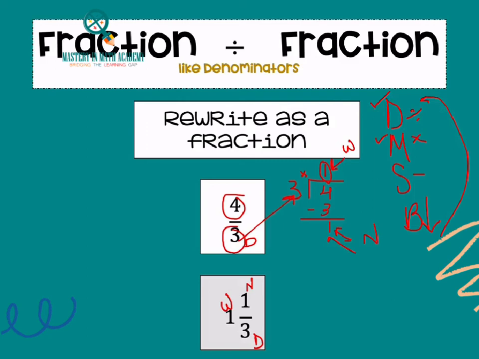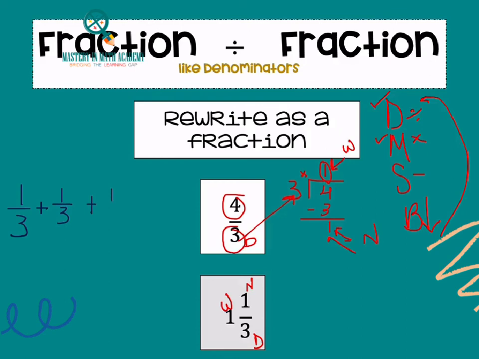Let me change my color. And another way you could have done this is you can rewrite it. You can see 4/3, when you expand it or you put a magnifying glass on it, what it actually is is one third written 4 times or added 4 times.